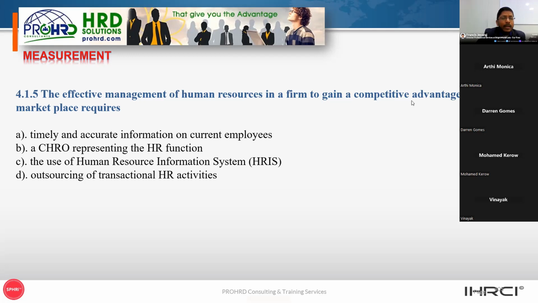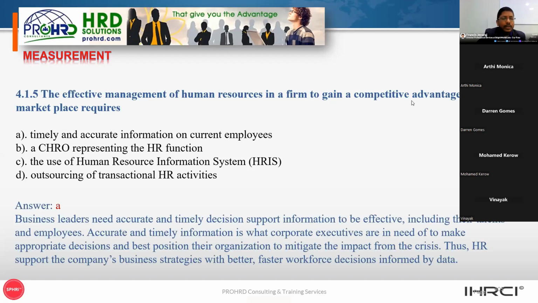You need to have the right information, accurate information and timely information, so that you can benchmark against others. Business leaders need accurate and timely decision support information to be effective, including their talents and employees. All of you must be having a good system in your company. When you have a robust system, it helps you make quick, right decisions.